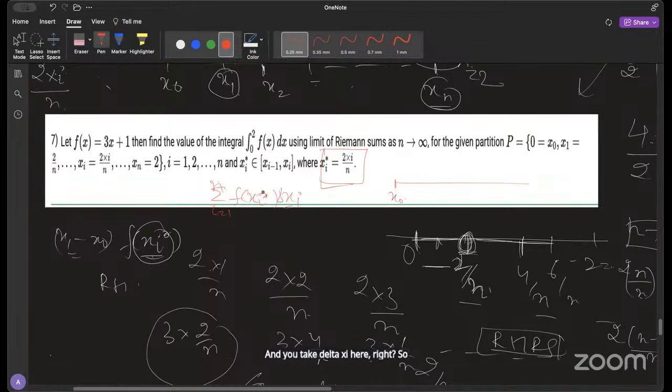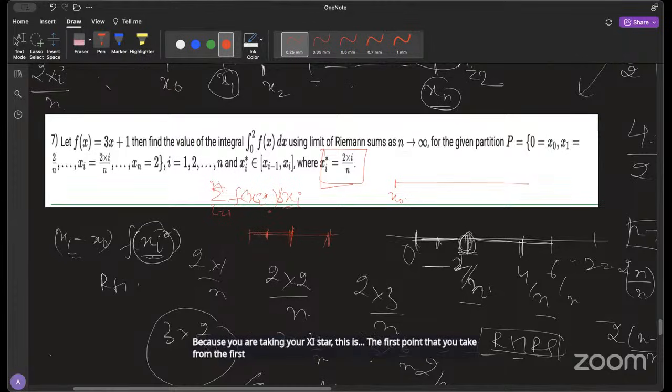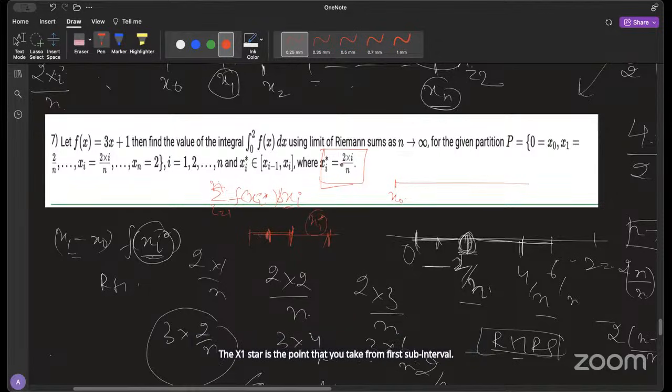So your xi star is in this interval. This is the first point that you take from the first subinterval. So your x1 star is the point that you take from the first subinterval, and that is given to be 2 into 1 by n. That's given to be 2 by n. That means from the first interval, you're taking 2 by n as the point. Then from the second interval, you're taking x2 star, right? x2 star is given to be 2 times 2 by n. That means it's 4 by n. That's the end point of your second interval. That's why I said that this is the same as right hand Riemann sum.